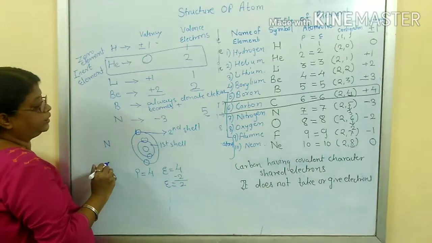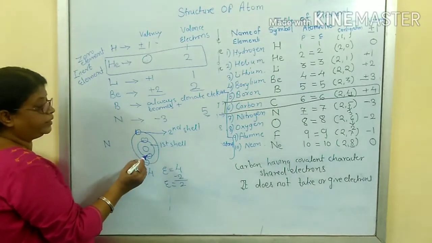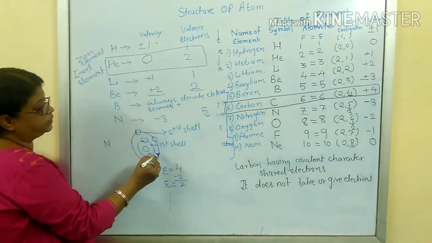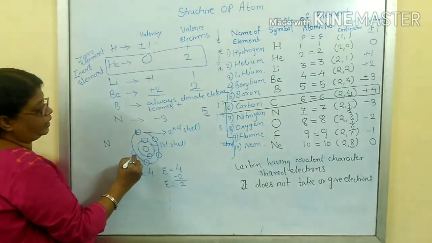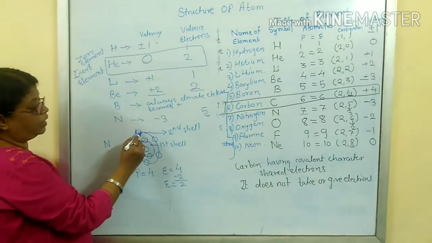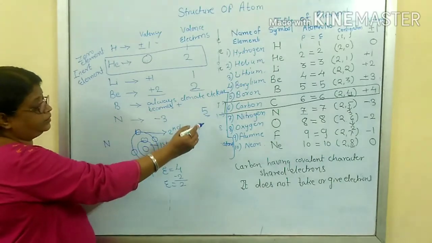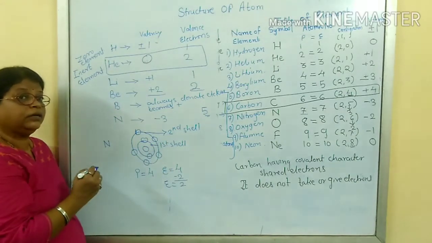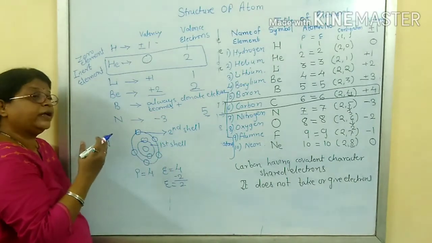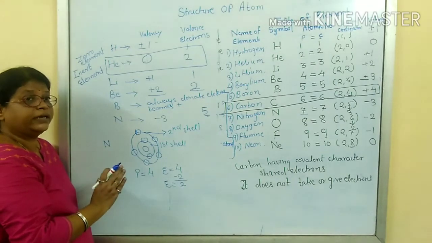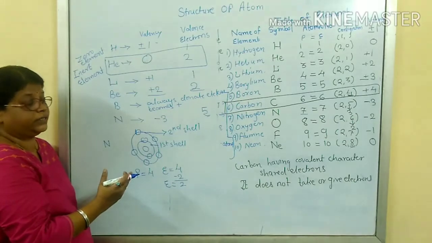In nitrogen, how many electrons are in the outermost shell? 5 electrons: 3, 4 and 5. So 5 valence electrons are present. If they have 8 electrons, they can fulfill their shell.